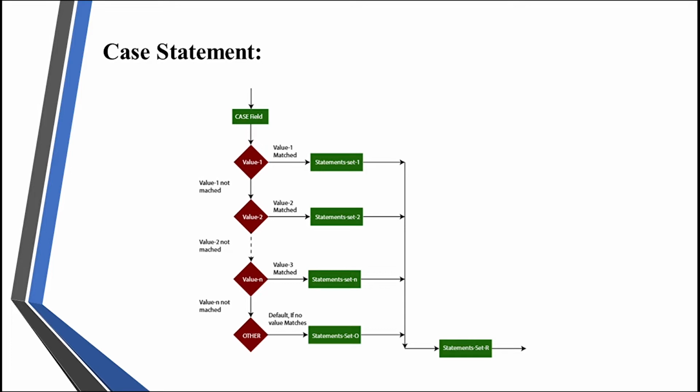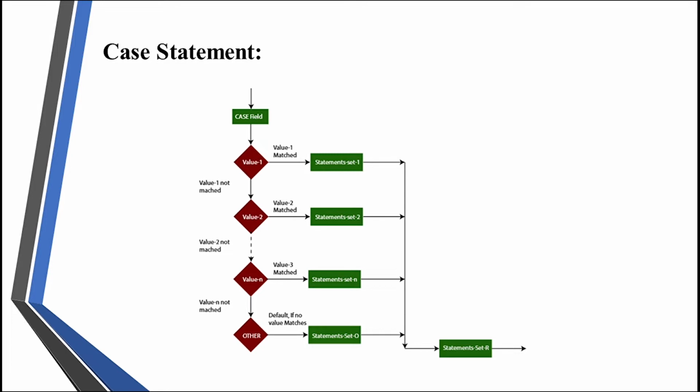So for that case, we are going to replace the nested if with the case statement. That means there will be a variable or field. If the value matches, then the statements will be executed. See here, case field.